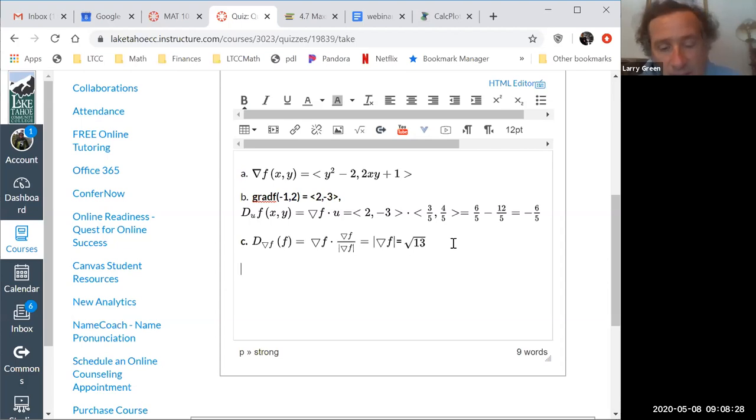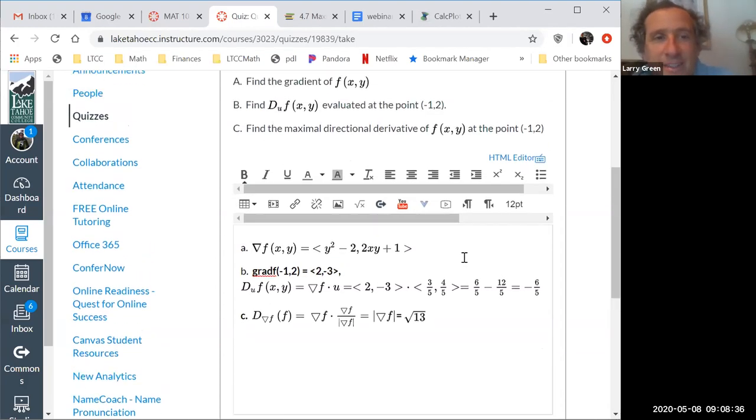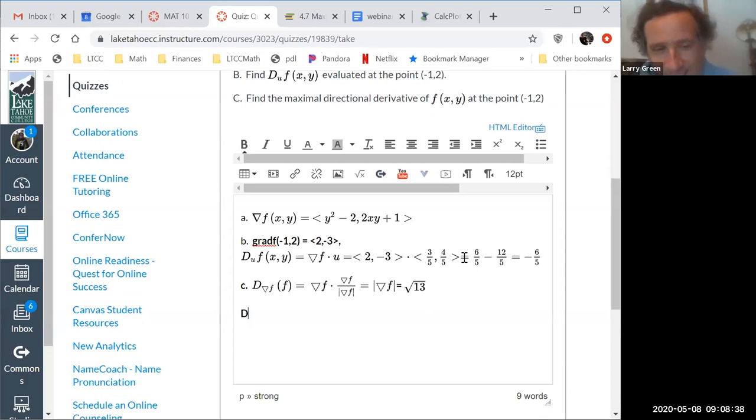So let's suppose that we have, let's do this one. Might as well do our function here. What if I did part D? Which I didn't, but had I done it, and I could have: find the equation of the tangent plane at the point -1, 2.